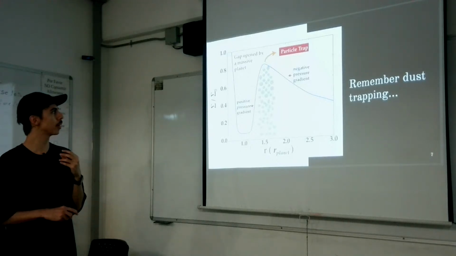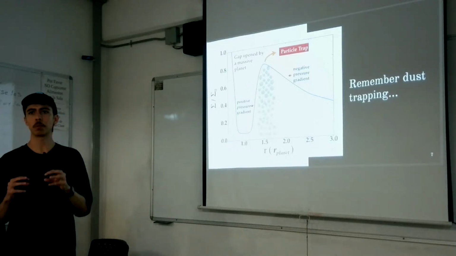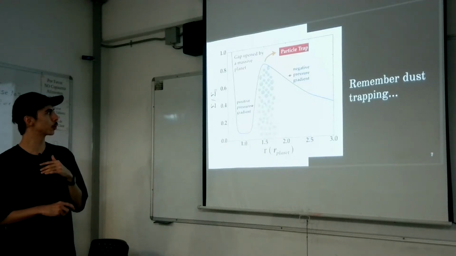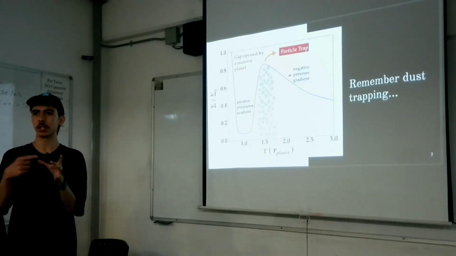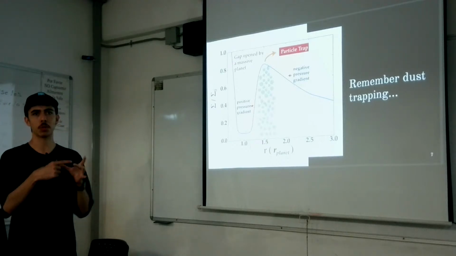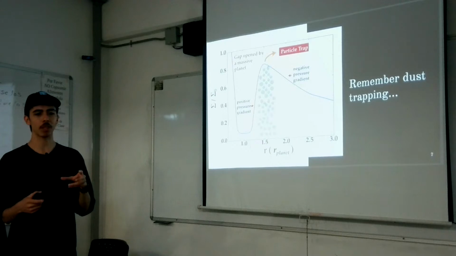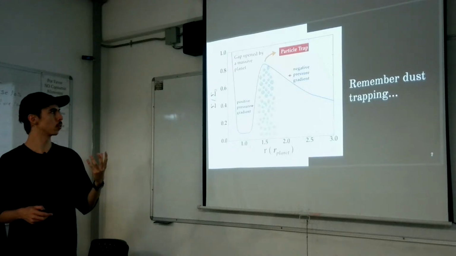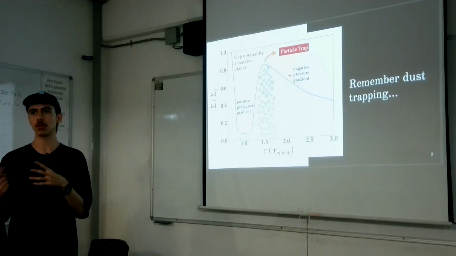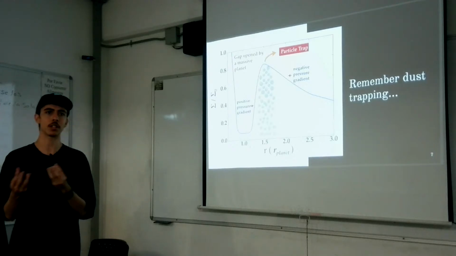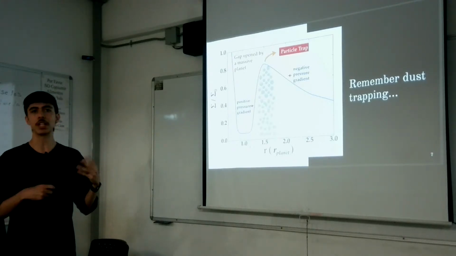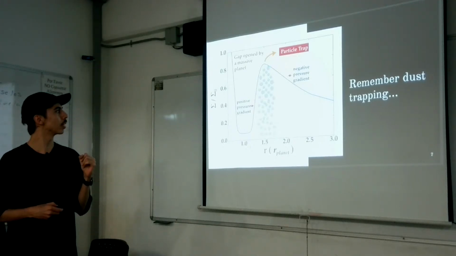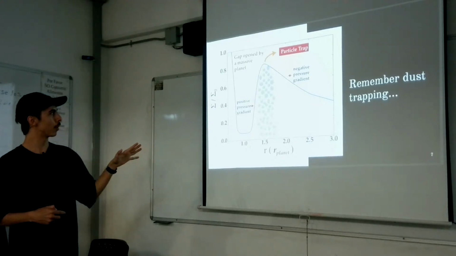So the bigger grains get trapped here, but the smaller grains are probably coupled with the gas, and the gas can still flow, escape the particle trap and still accumulate around the planet. So the planet was probably surrounded by more dust of smaller particle size, and this leads to a different opacity. You don't work with the same opacity if you have a smaller grain size than if you have a bigger one. That's what changed the value of the dust mass around the planet. So don't forget about that possibility.